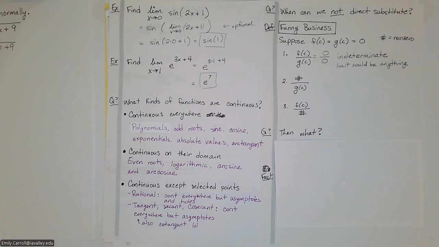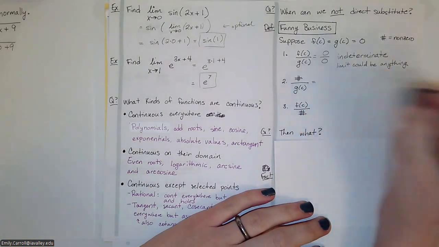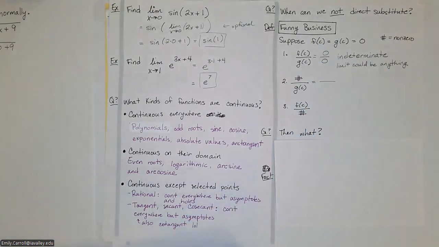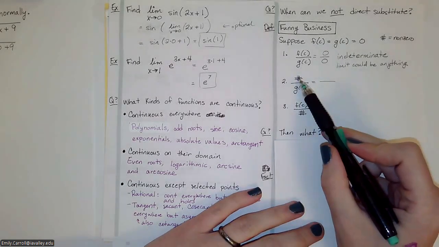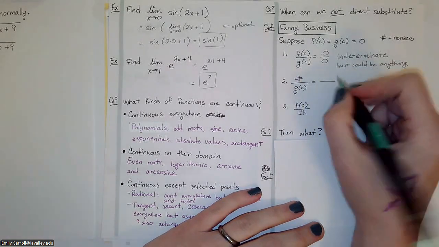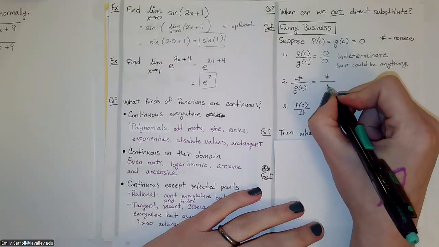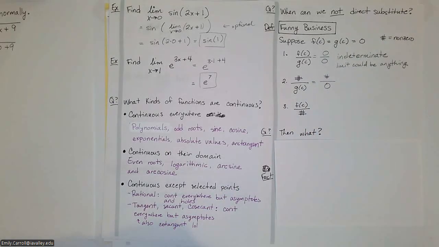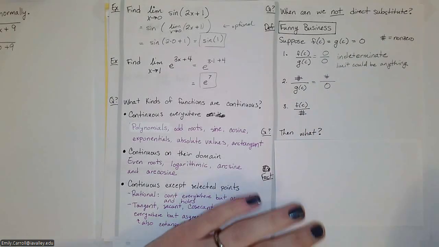Maybe I'm just dealing with one or the other in either the top or the bottom. If it's asking me to divide some number by g of c, that's saying I want some number divided by 0. This is called undefined.